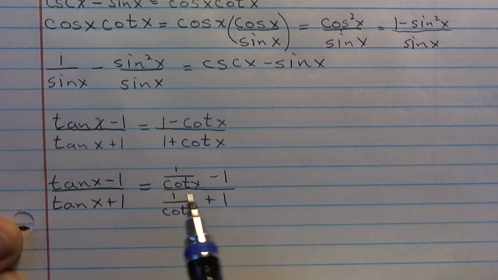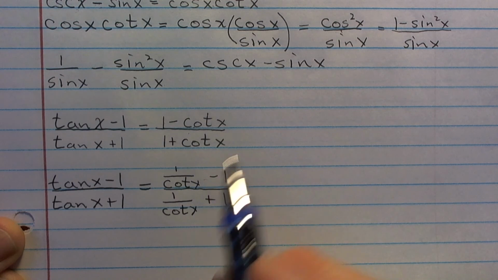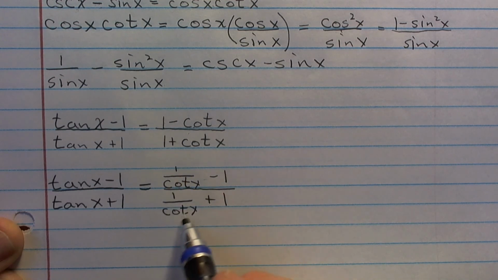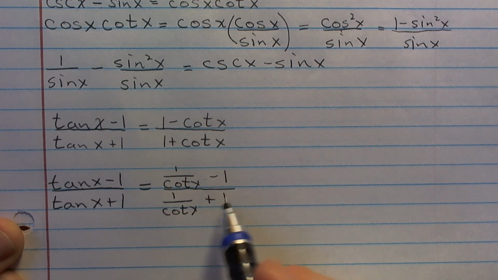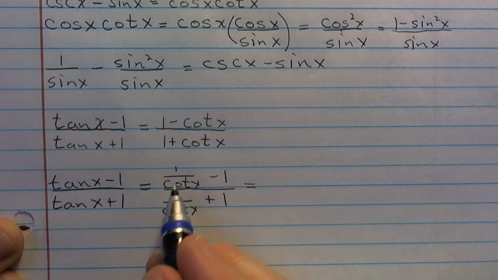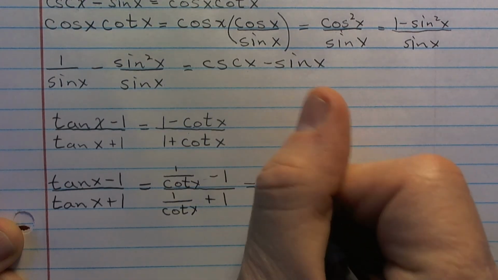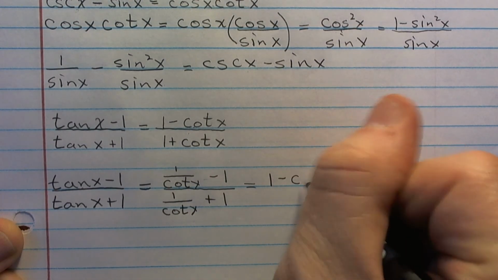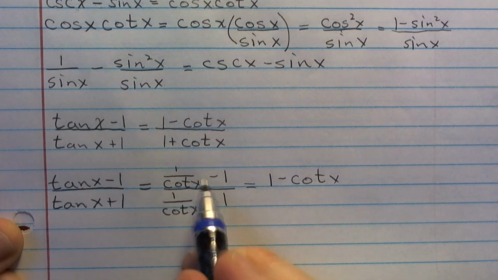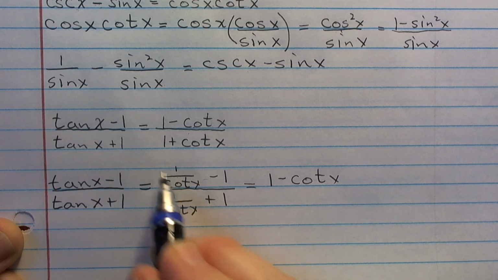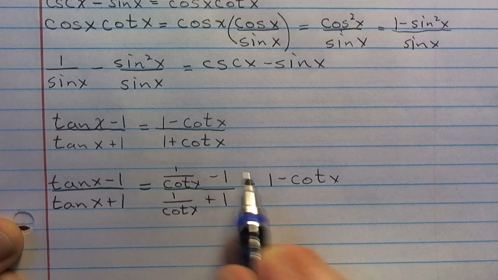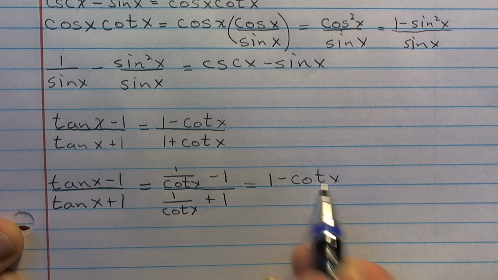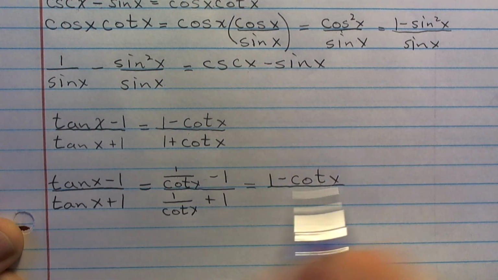I have the cotangents. Now, when I have a situation like this with these extra denominators, let me just multiply through by them. So I'm going to multiply this by cotangent, and the cotangent divides out. Multiply this by cotangent. See, I just multiplied by cotangent here, and the cotangent divided out. Multiplied it here, and that's that. Now, the same on the bottom.